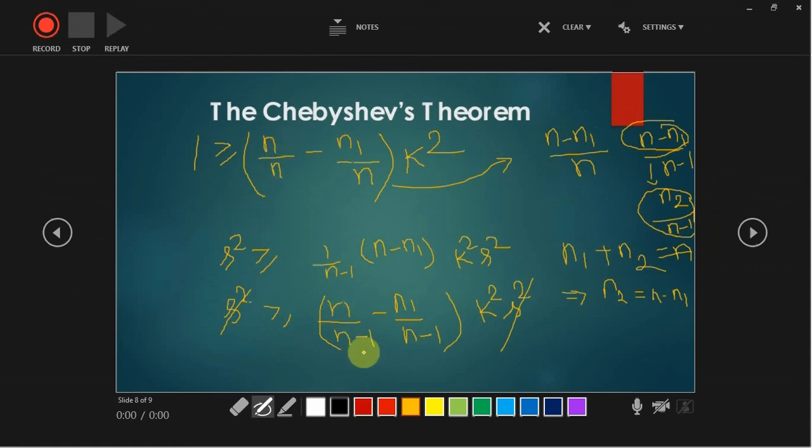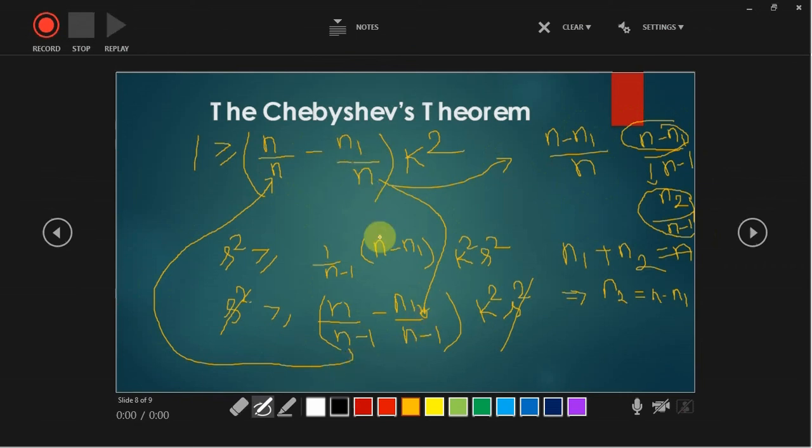I mean n over n minus 1, this is greater than this, and this term is greater than this. This is 1, this is greater than 1. This is n1 over n minus 1, this is greater than that value.